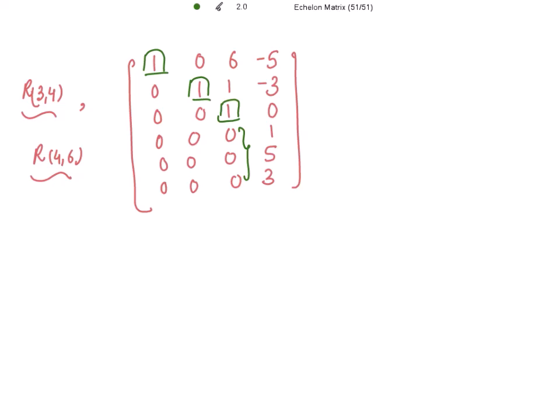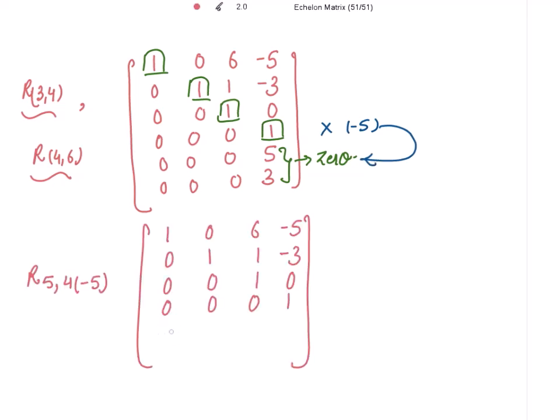Okay. To have this be the leading element for the row 4, I need to make these two 0. For that, if I multiply the row 4 with -5 and add its elements to the row 5, I get 0, 0, 0, 0.